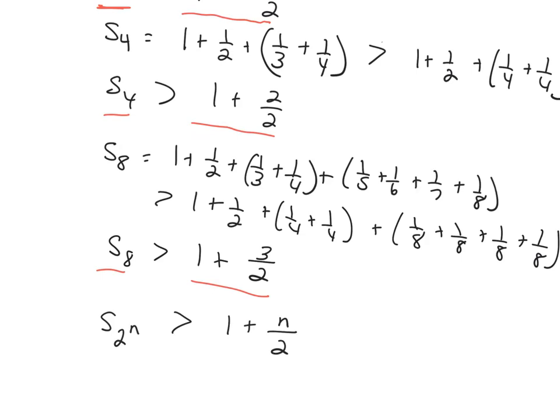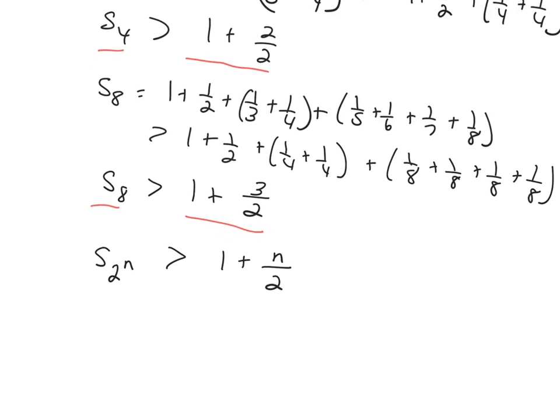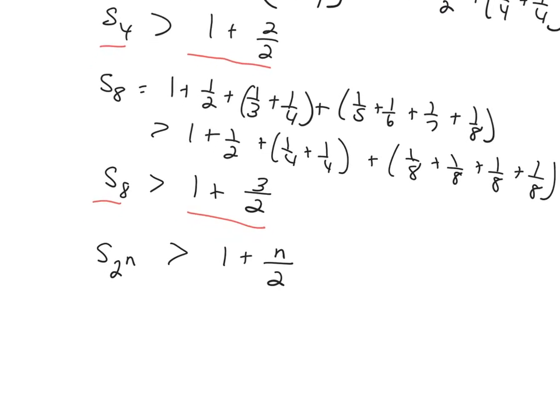There's this pattern going on. And that might be helpful for us to notice. So let's just take the limit of this lower bound, the limit of 1 plus n over 2. What's that limit equal to?